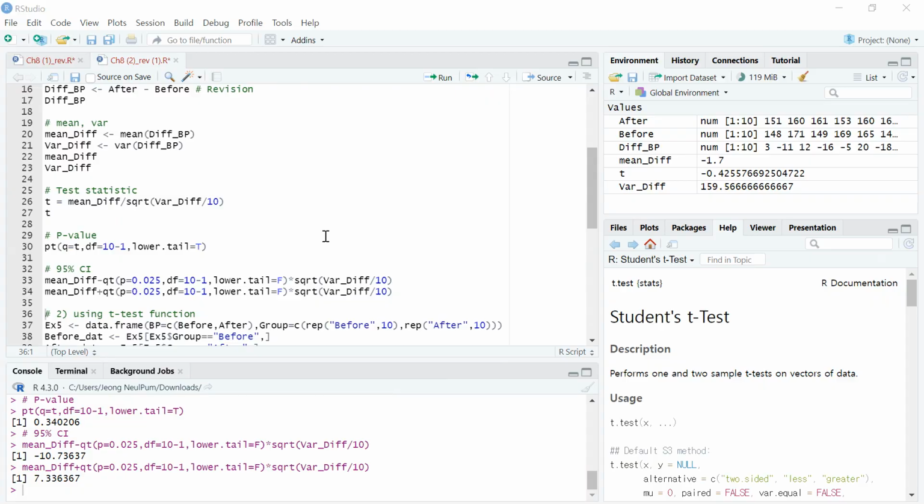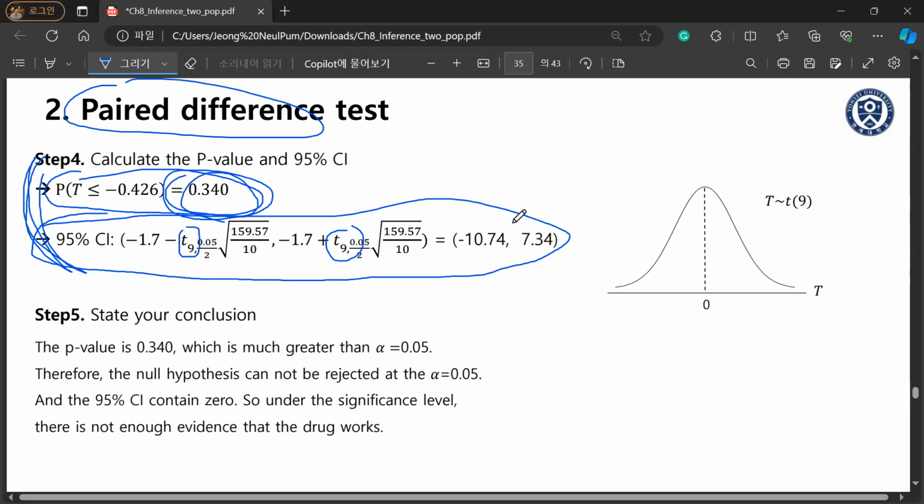And the confidence interval is about the same as these bounds. So because our p-value is more than the significance level, we cannot reject the null hypothesis in this situation.